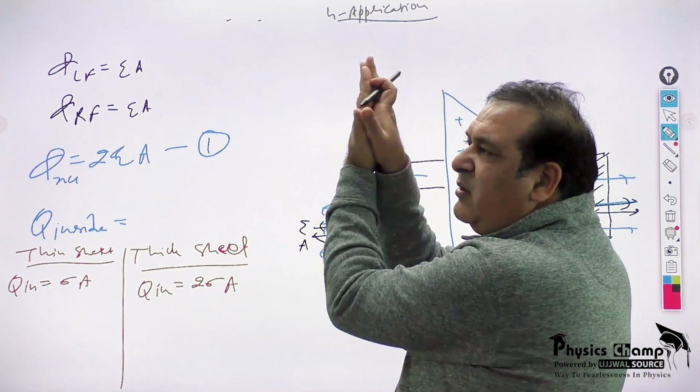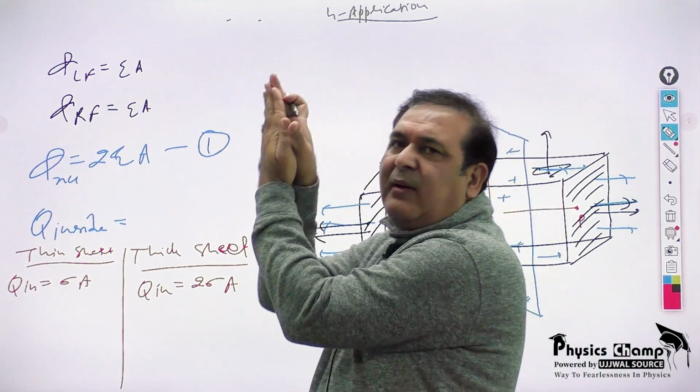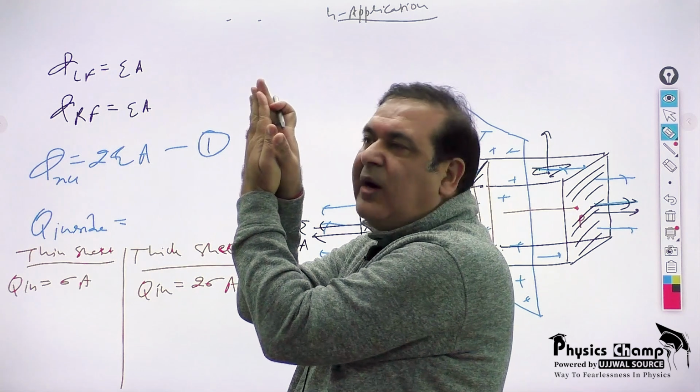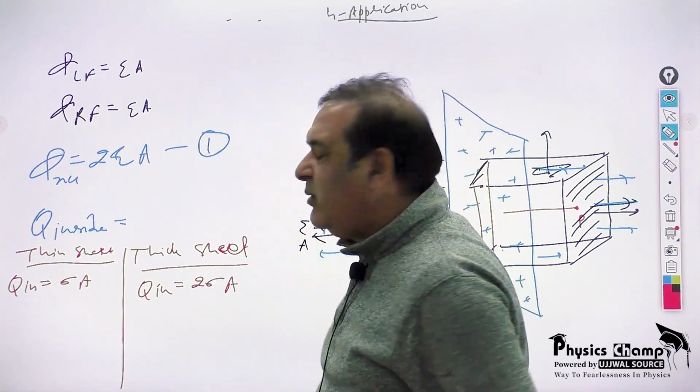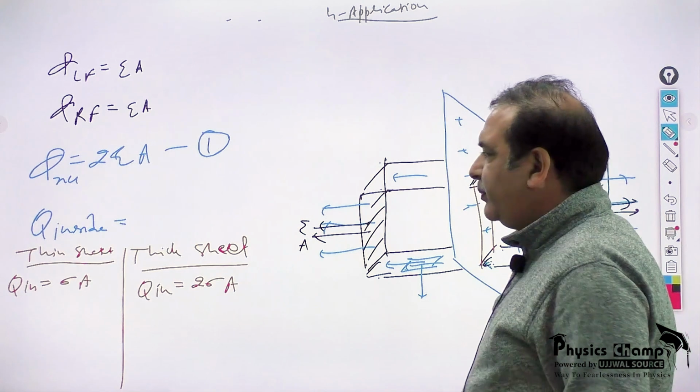If it is a thick sheet of some conducting material, even then charge will not remain within, it will just remain at the surface, so it will be 2 sigma A.